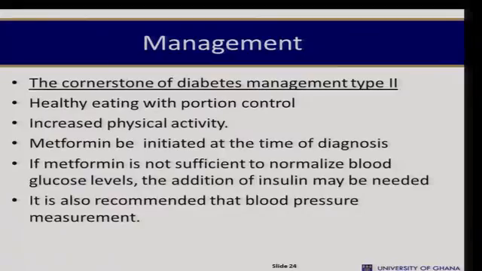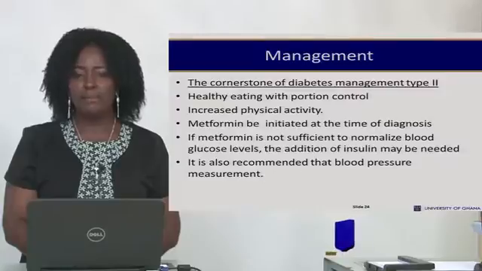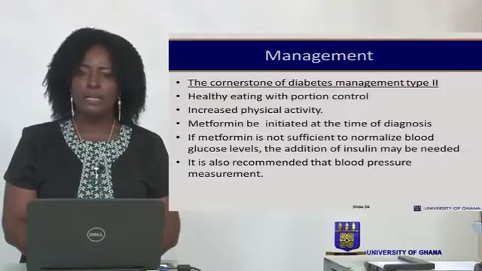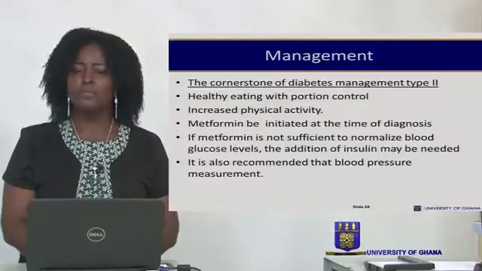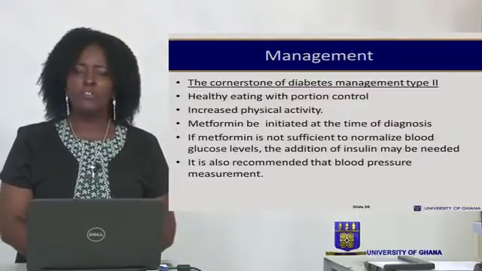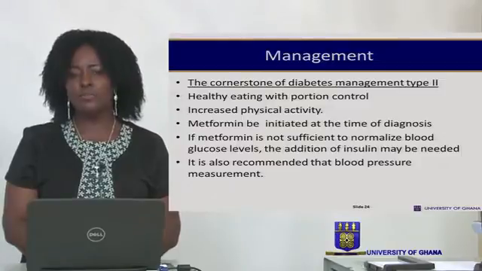Management. The cornerstone of our management in type 2 diabetes is diet and physical activity. And we have said that in children with type 2 diabetes, the drug of choice is metformin. Even though there are lots of drugs that have been produced for adults, a lot of them are contraindicated in children.